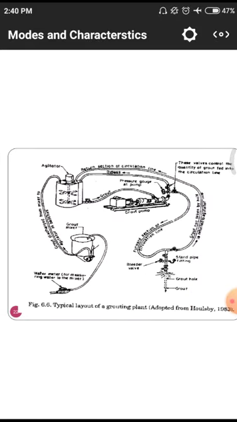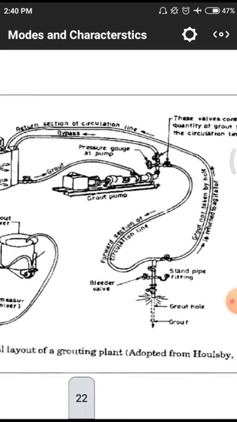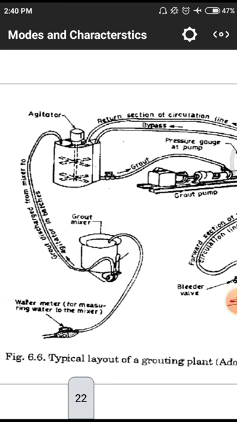So here we have to observe the total flow diagram for the grouting method. First of all, water is measured with the help of the mixer. After that the water is fed into the tank, and in the tank itself they have some quantity of grouting material.